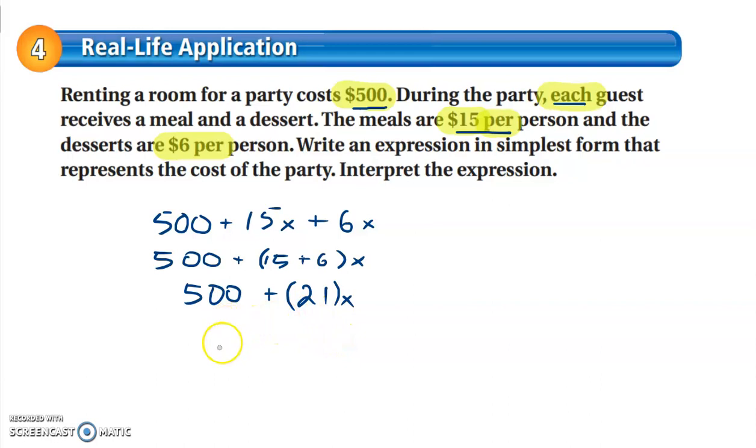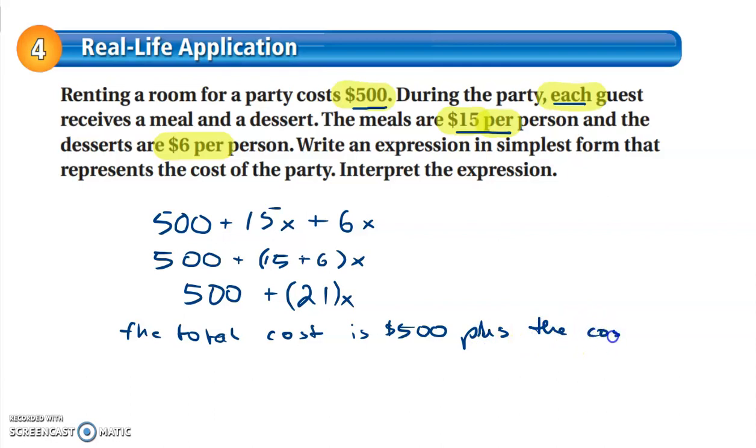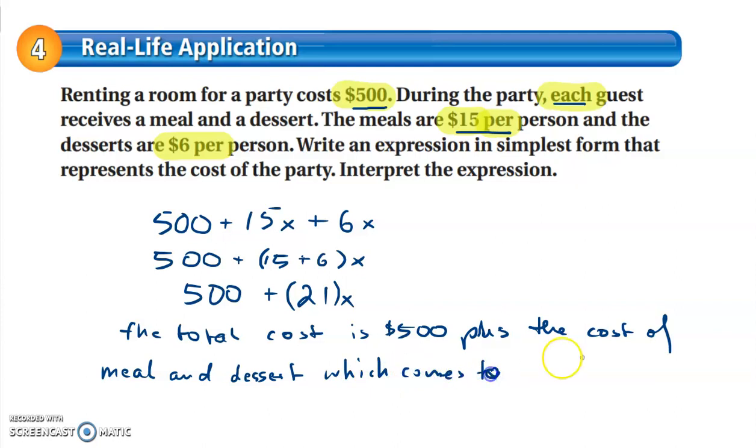And this means that the total cost is $500 plus the cost of a meal and a dessert, which comes to $21 per person.